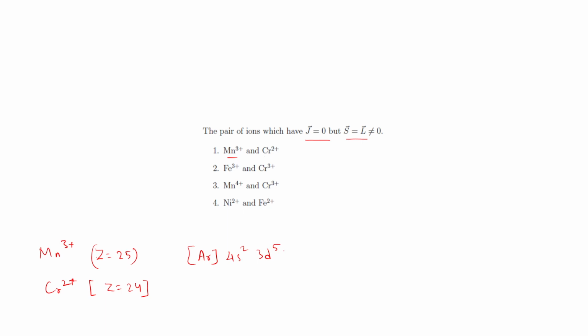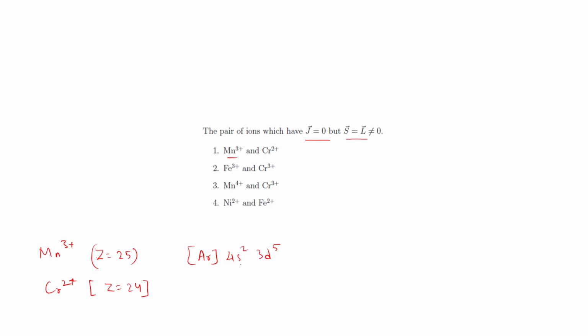So this would be the ideal configuration, but we have this 3 plus here. So we have to remove the 3 electrons from here. So how do we remove the 3 electrons?